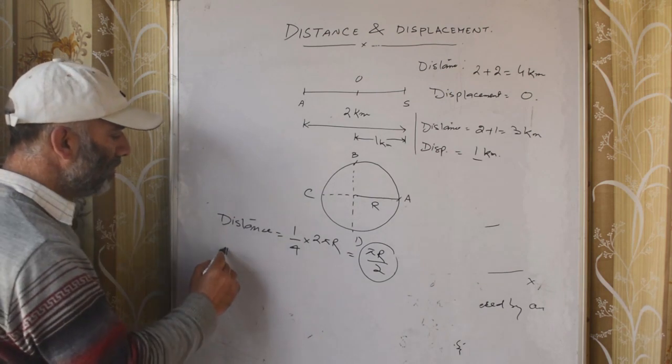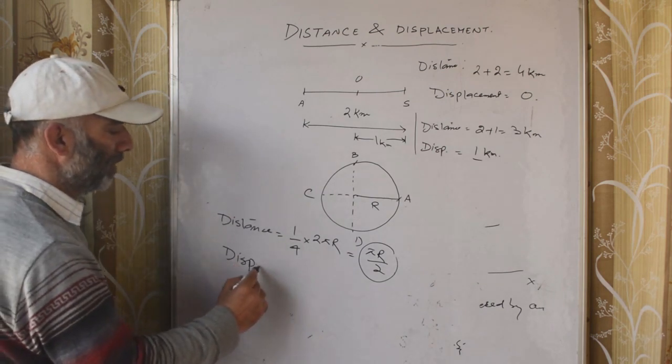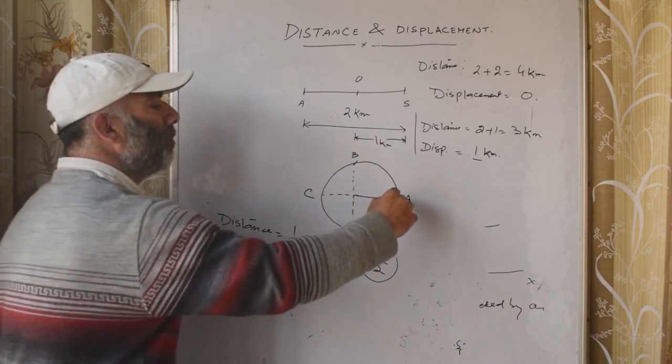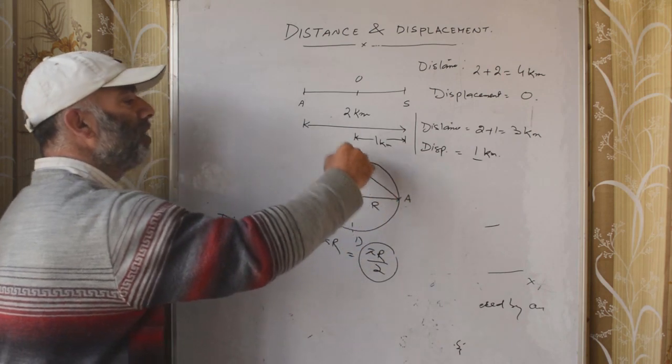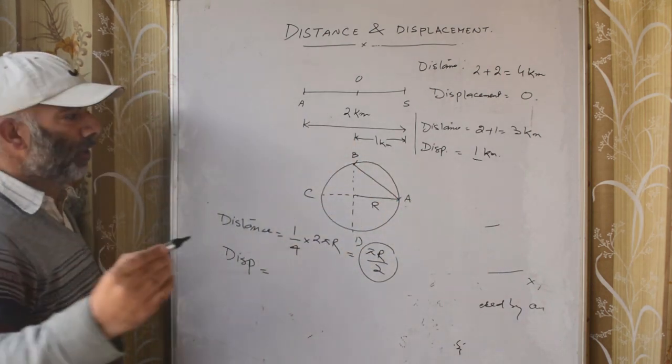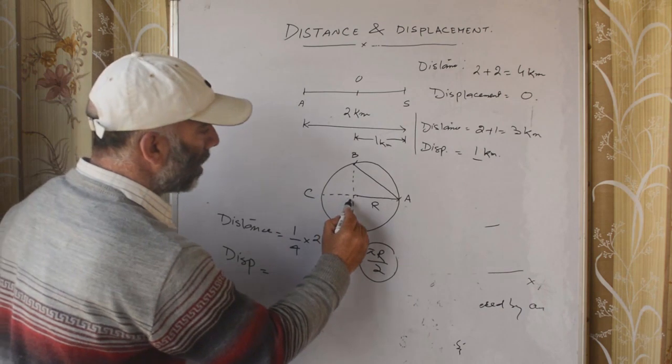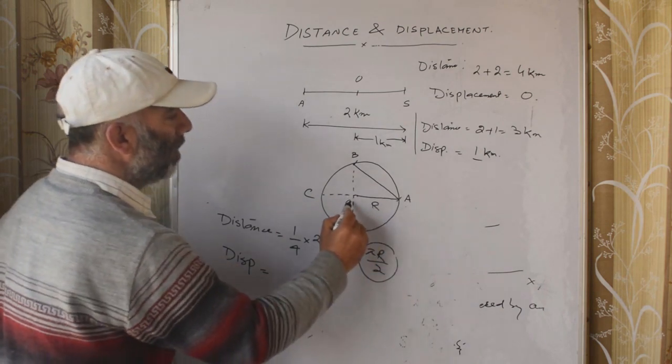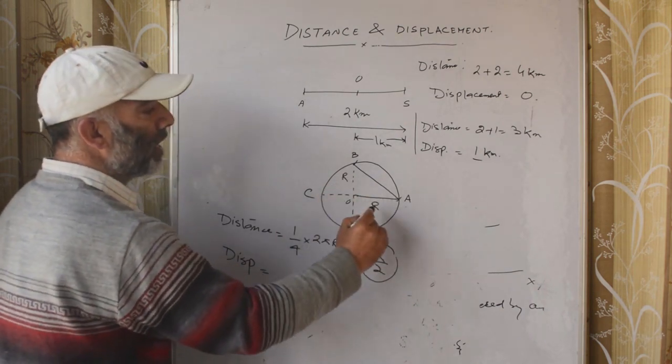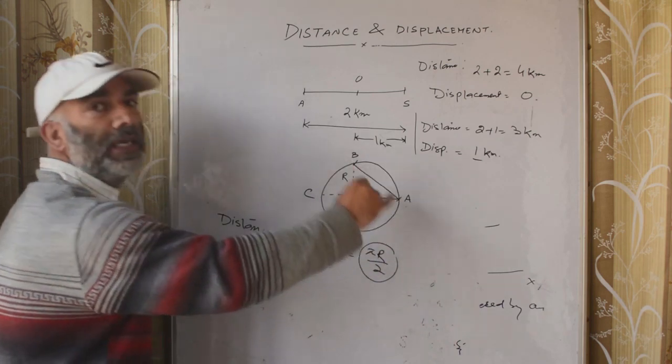What is the displacement? The displacement is the perpendicular distance between the initial and the final positions. So look here, my students. Here you know OA is R. What about OB? This is also R. So we have to calculate AB.